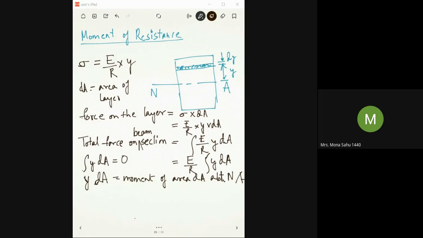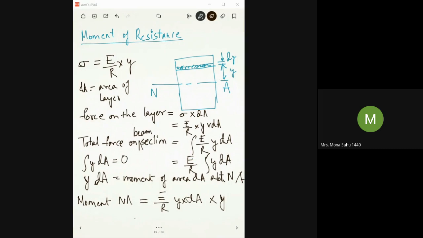When we solved this part, basically what we're finding is the force on each layer. This is the formula for that. If you want to calculate the moment with respect to the neutral axis, the force is E by R y multiplied by dA, multiplied by y.